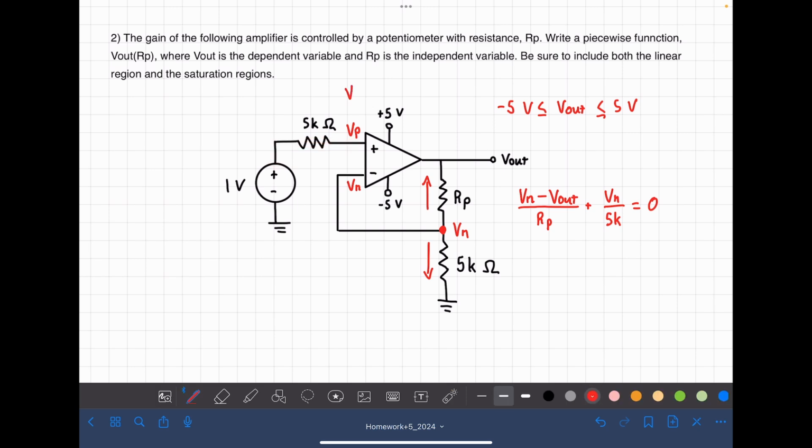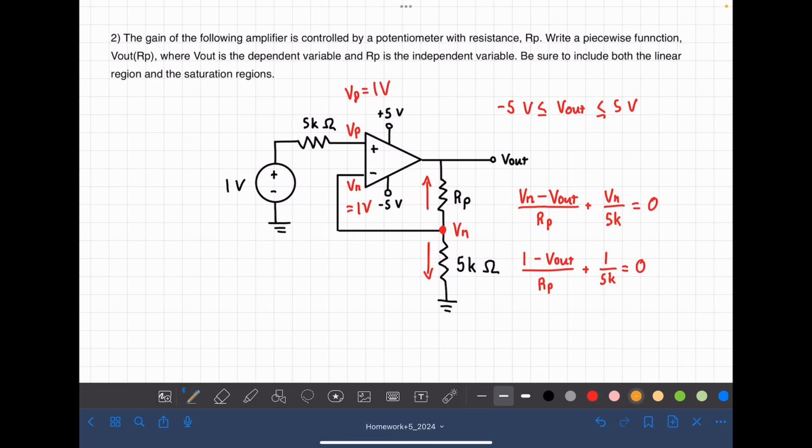So Vp is equal to 1 volt. And Vp equal to Vn, we know Vn is equal to 1 volt. So let's plug that in real quick. We get 1 minus V out over Rp plus 1 over 5K equals 0.